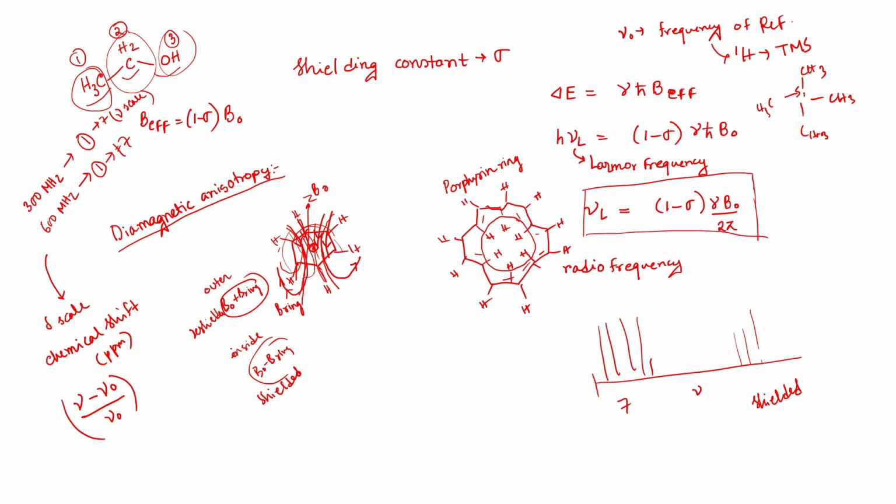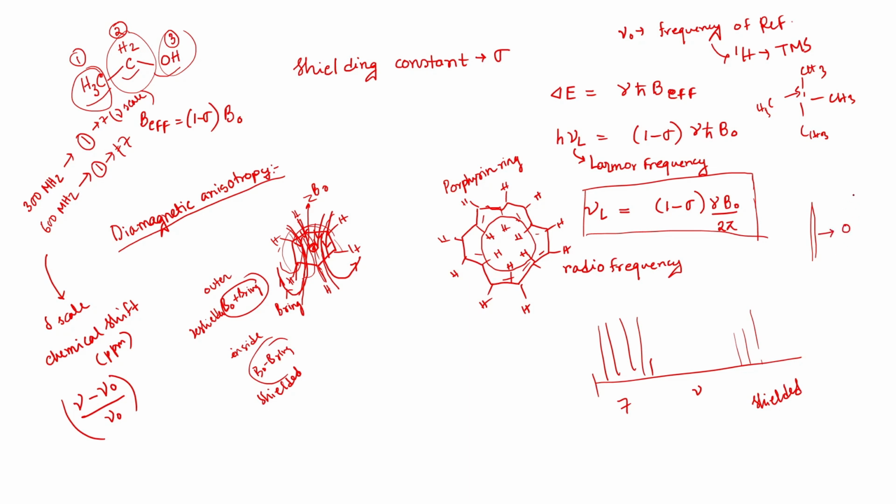All of them give one signal, and they are very much shielded. TMS is also very volatile and inert, and it mixes with organic solvents. That is why it is used as a reference in proton NMR. The signal for TMS is going to be at 0.